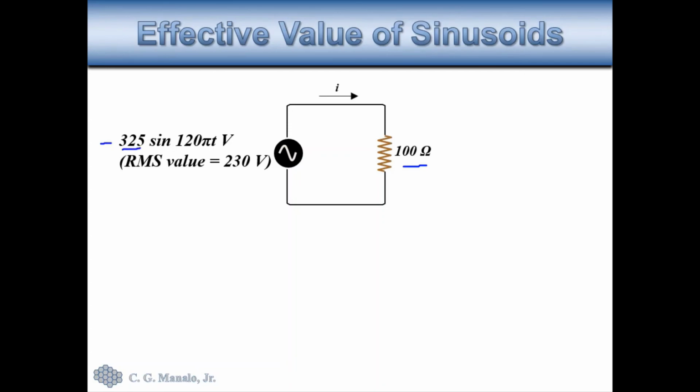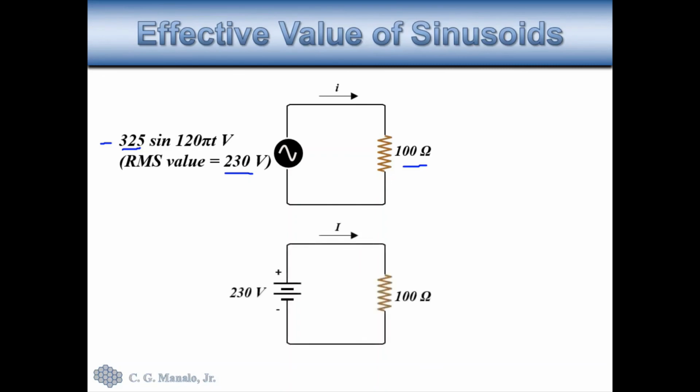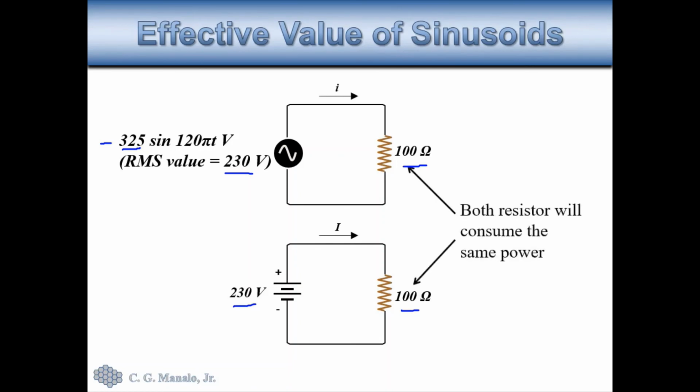And if you compute the RMS of this, that will give you 230 volts. And then let's say I have another circuit, but this time the 100 ohms is connected to a DC source that is 230 volts. That will give the same power for the 100 ohms.